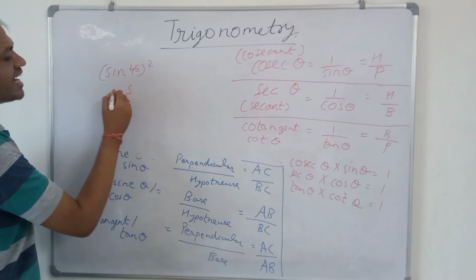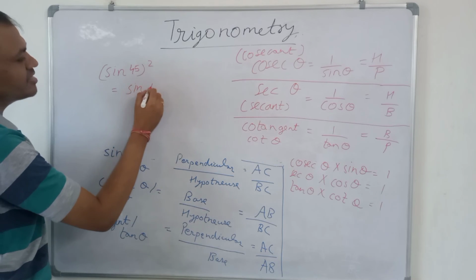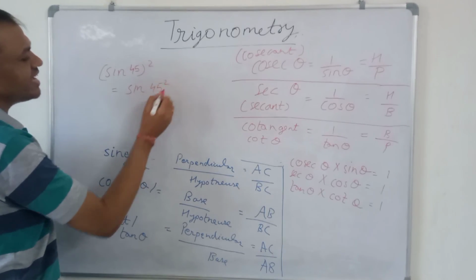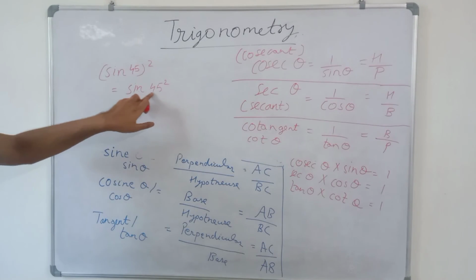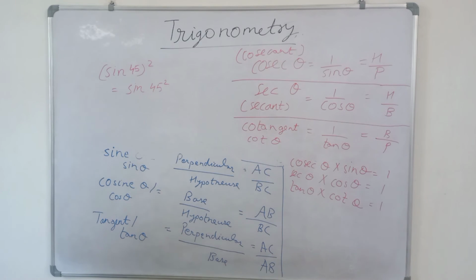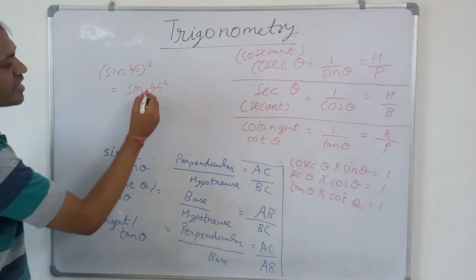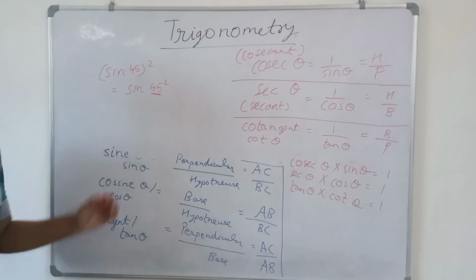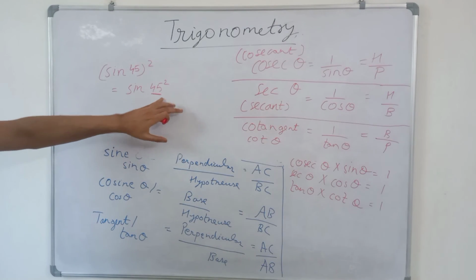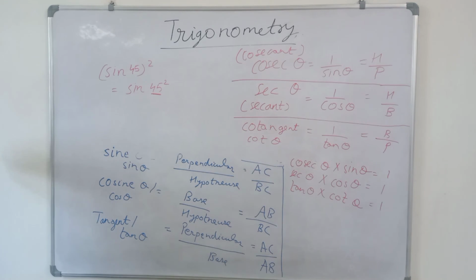Some students write it as sine 45 square and then they square the value of 45. So 45 whole square is a very big value. So it is not like that.